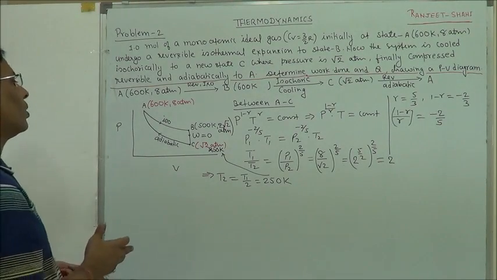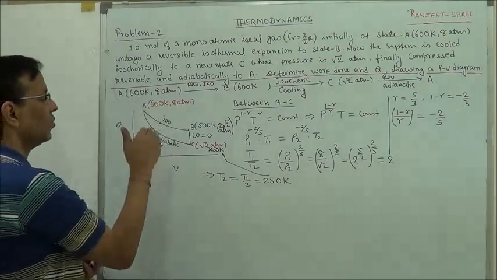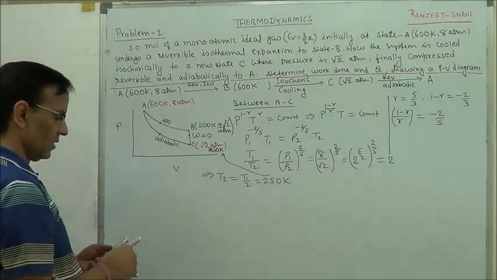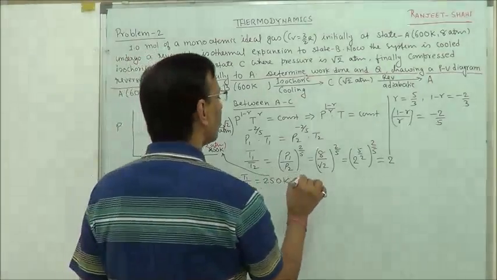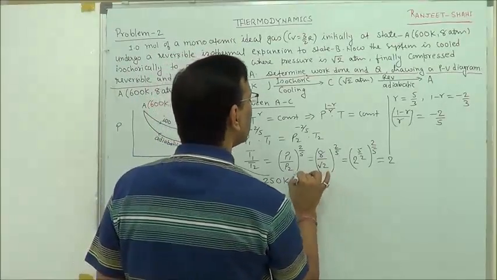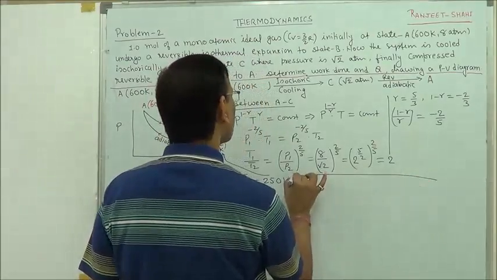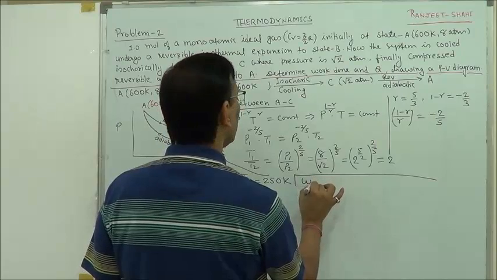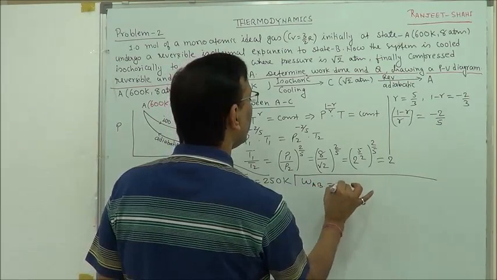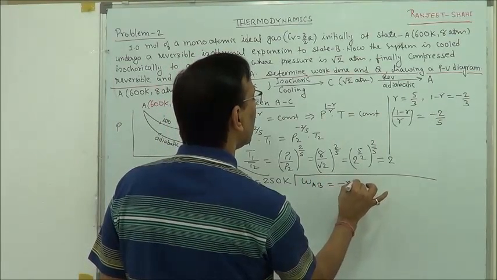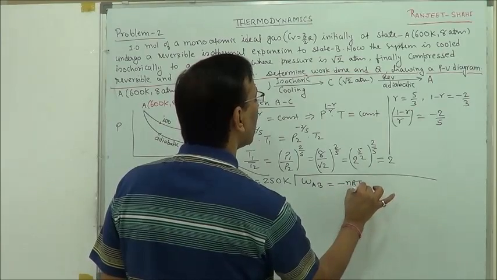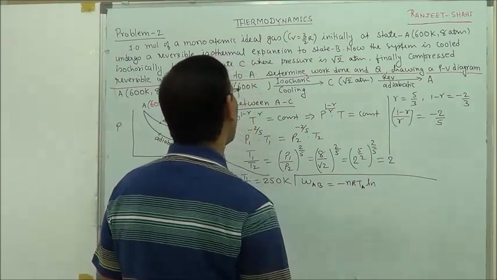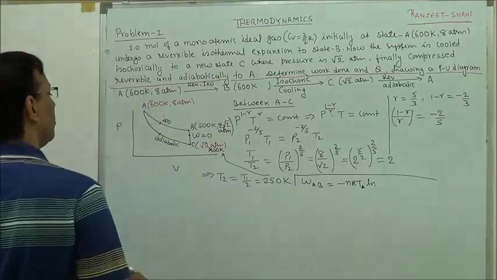Now everything is known. We can determine the work done in the 2 step. So work done, WAB will be minus nRT A ln of P1 by P2.